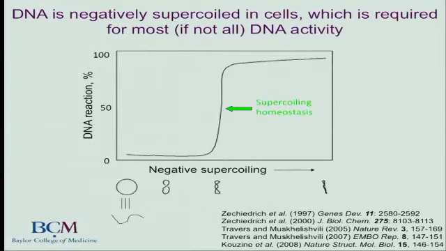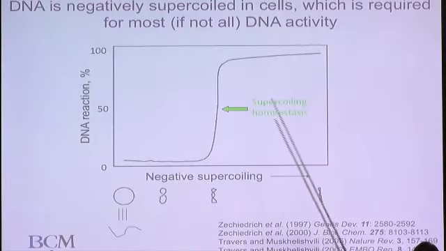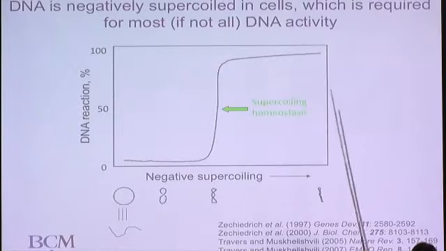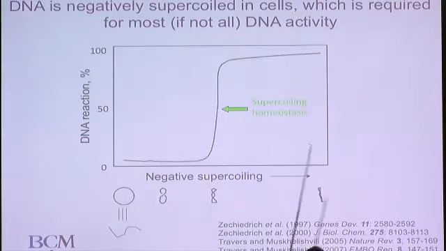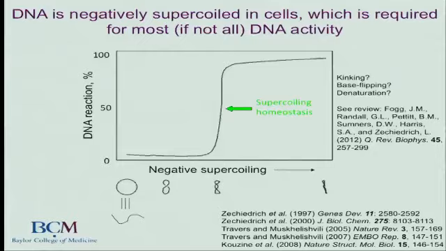So this basic work that we started with E. coli has held true across the kingdom, the domains of life. So this supercoiling homeostasis, this perfect balance where twist and writhe are maintained in really all cells examined, is something I'm very, very fascinated by. And that's all I'm going to say about that, but that is the motivation behind my work.